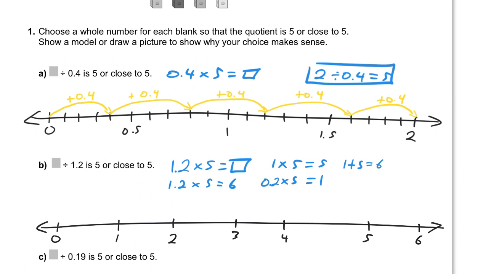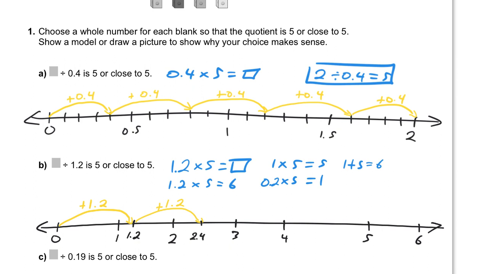Let's see. First, we're adding 1.2, which brings us to 1.2. Next, we add another 1.2, which should bring us to 2.4. Almost at the halfway point there between 2 and 3.